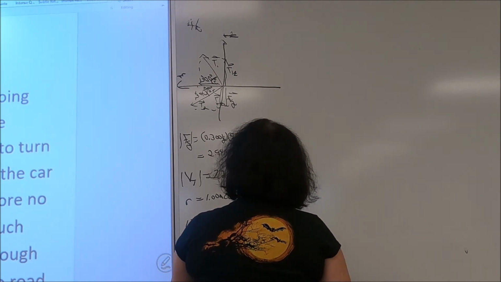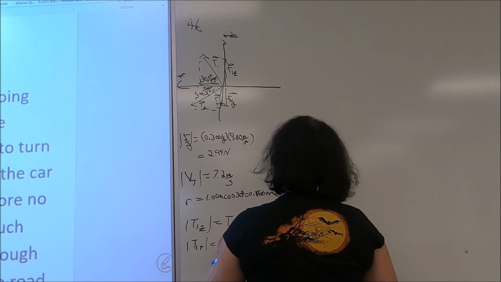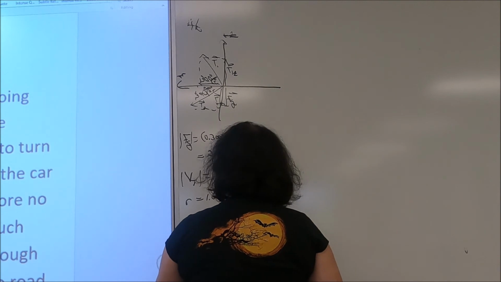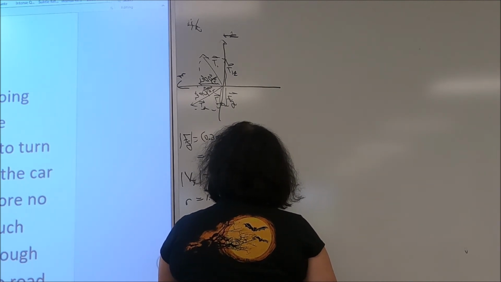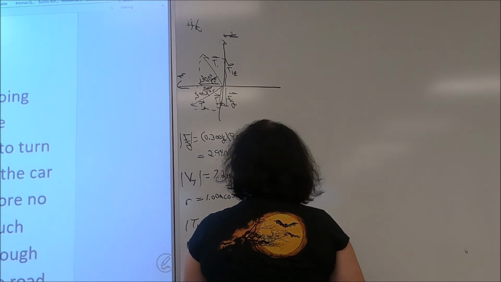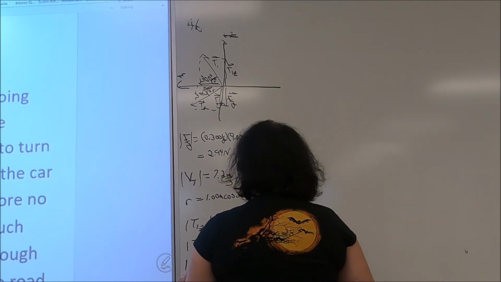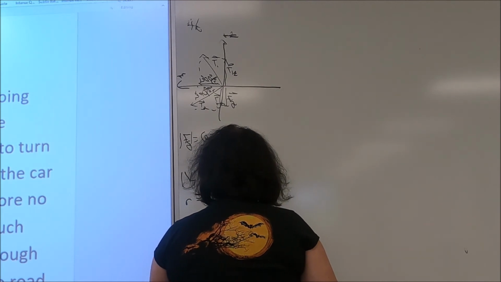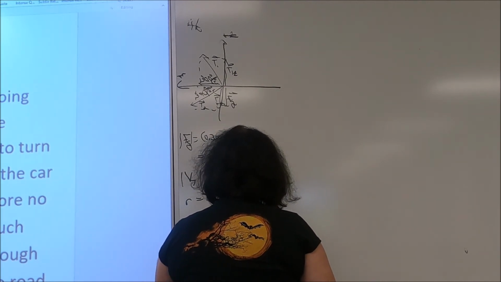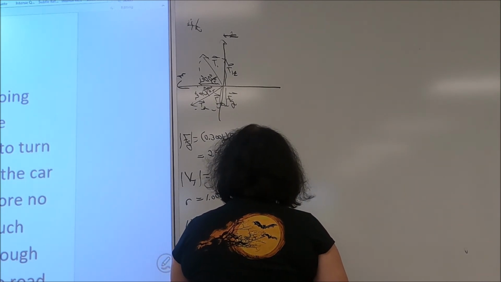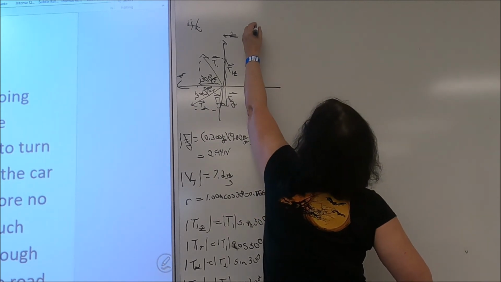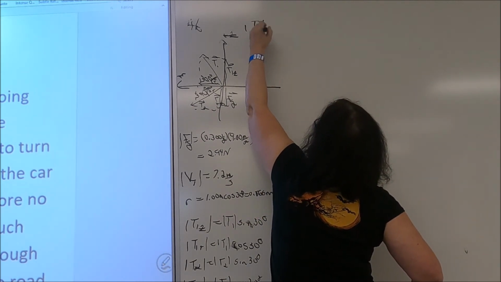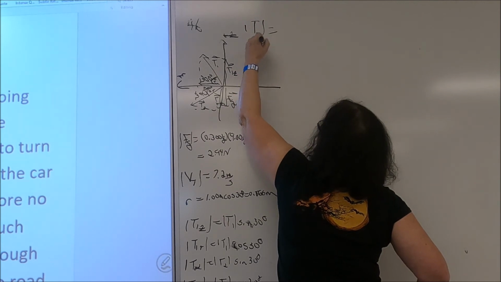T1R in magnitude is going to be T1 cosine of 30 degrees. T2Z in magnitude is going to be T2 sine 30 degrees. And T2R is going to be equal to T2 cosine 30 degrees. What I wanted to figure out is I'm wanting to find the tension T1 and the tension T2.